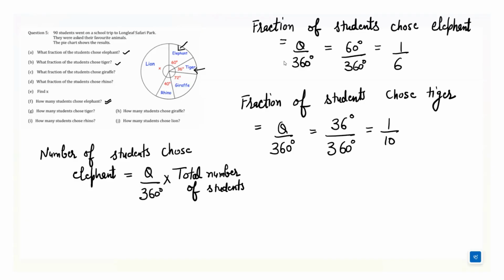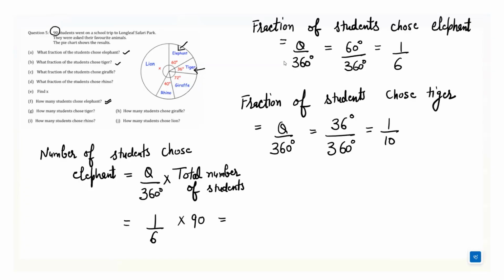So whenever we have to calculate the value, we have to use the formula theta over 360 degree into total value. Here, if you see in the beginning, it's written 90 students. That means the total number of students is 90. And the fraction we already calculated for how many students choose elephant is 1 over 6.